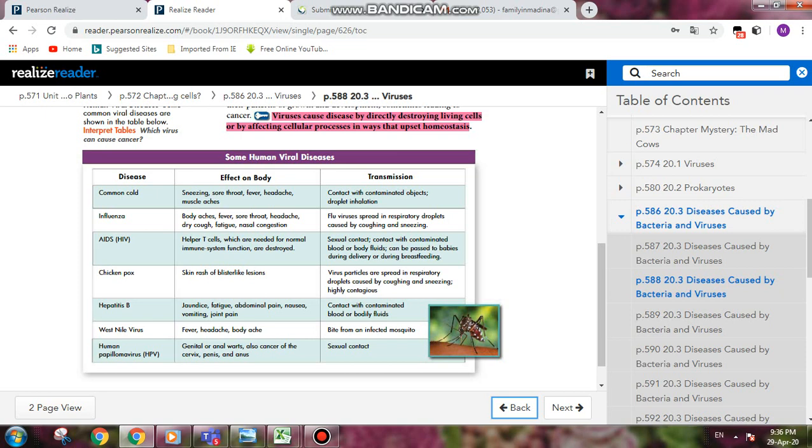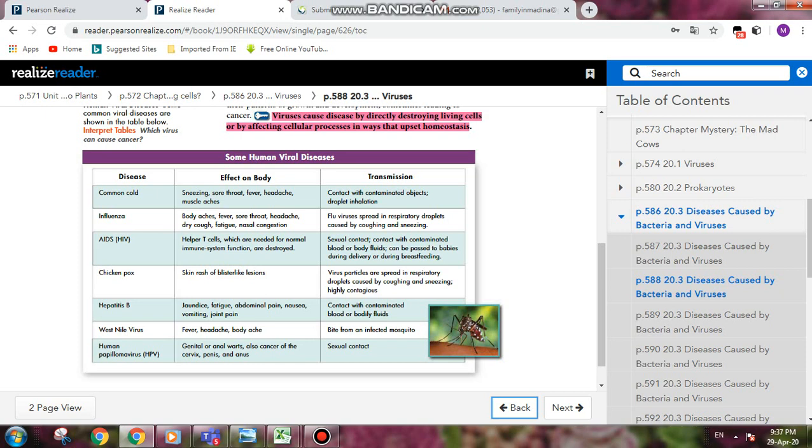Next is AIDS, or acquired immunodeficiency syndrome, caused by the HIV virus. The effect on the body is on the immune system function. So the AIDS disease causes the body to have low immunity, so any virus or any weak bacteria can affect it.